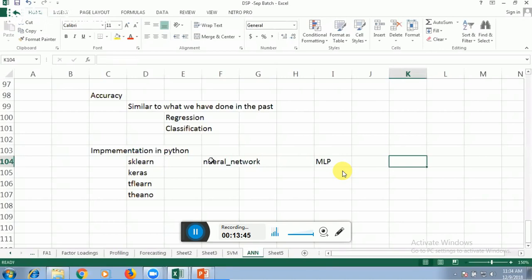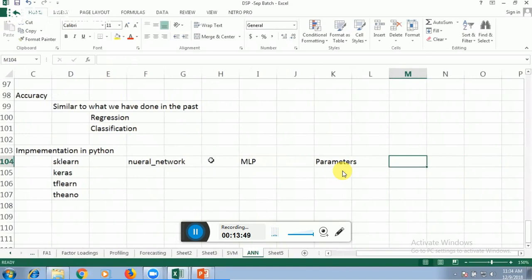So when you are designing the neural network, what are the parameters we need to supply? The minimum parameter you need to supply is the network. The network is nothing but the number of layers, and in each layer, how many neurons.